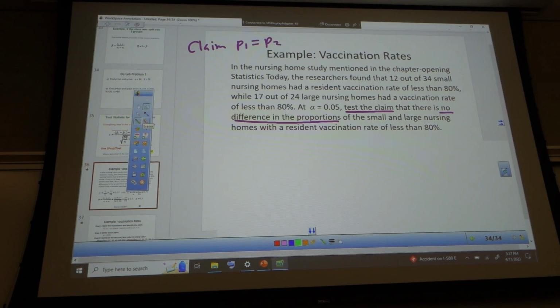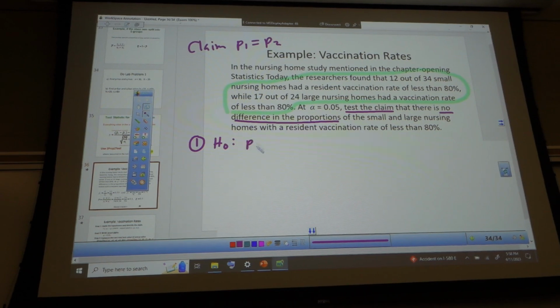The next thing I'm going to do is find the sample and circle it. Researchers found that, okay, so this was my sample, because I don't have another sample somewhere else. So then I'm going to go directly, like you said, to H naught. And like you said, H naught is always, always, always equals.